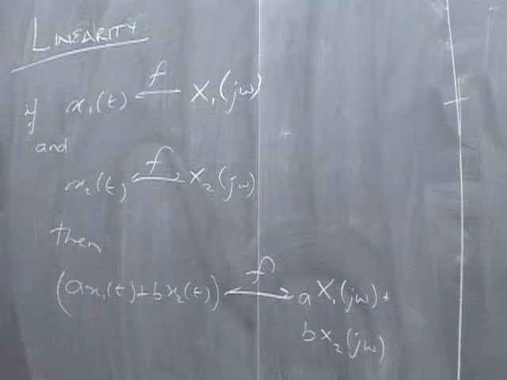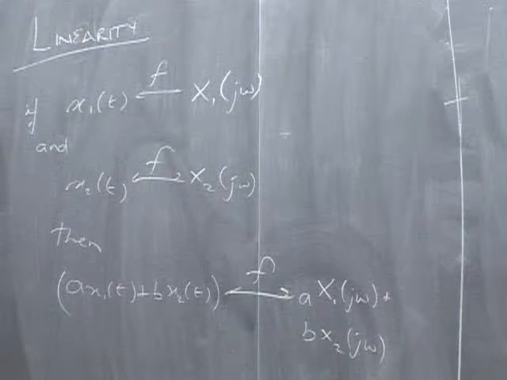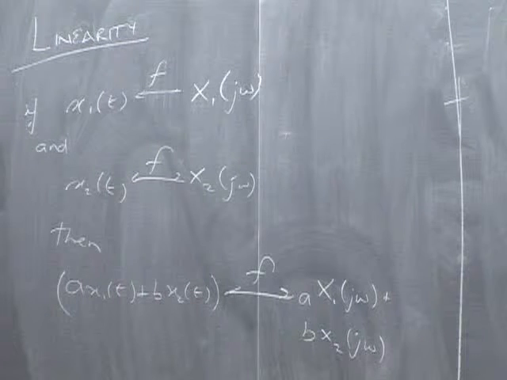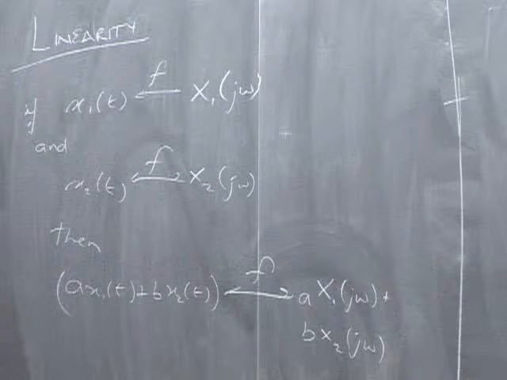So we're just saying that if I take two functions, I can multiply them by a scalar a, and then the transform is multiplied by scalar a.